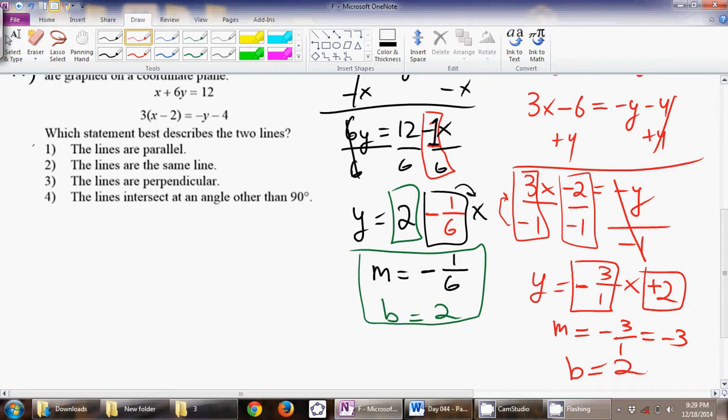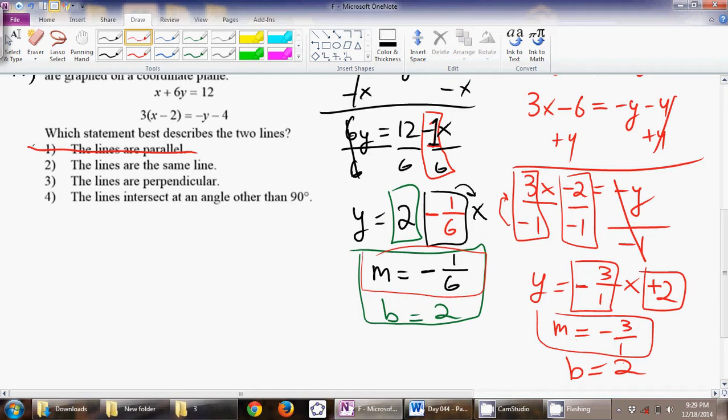So going through step by step, starting from answer choice 1 down, are the lines parallel? Is the slope here the same? Is it identical to the other line's slope? Are they equal? No, they're not equal. Therefore, they're not parallel. And if your slopes aren't equal, then you can't be the same line, right?